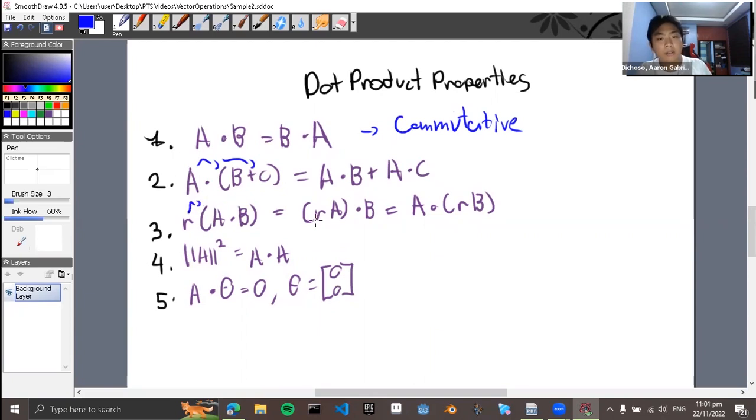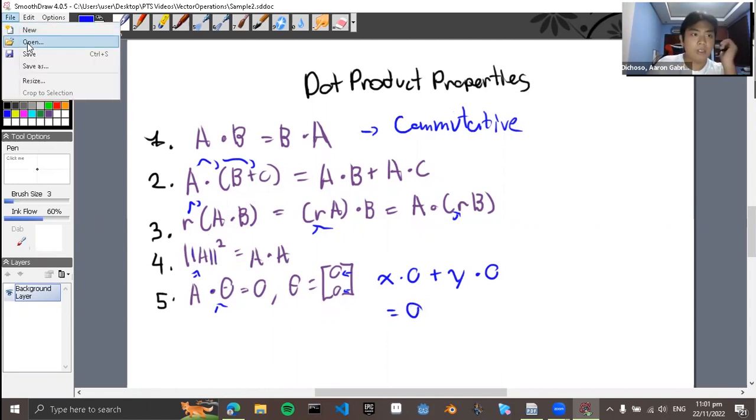You can move around a scalar inside before doing the dot product. And if you wish to get the magnitude squared, it would just be A dot A. And if you do A dot zero vector, it would just give out 0. Since zero vector consists of 0 and 0, that would mean you're doing x times 0 plus y times 0, which is just equal to 0.